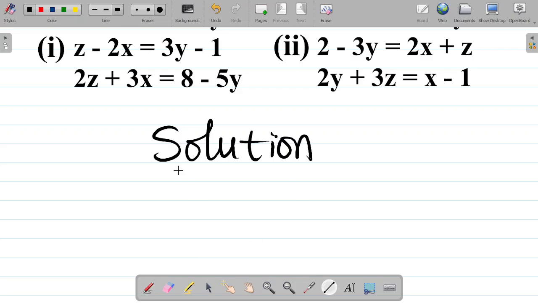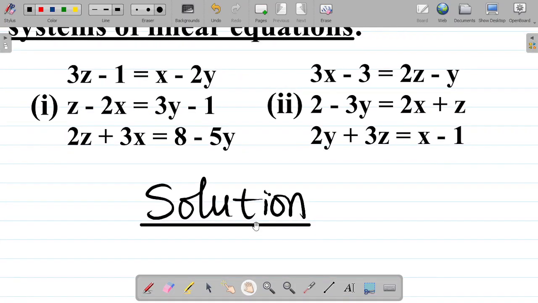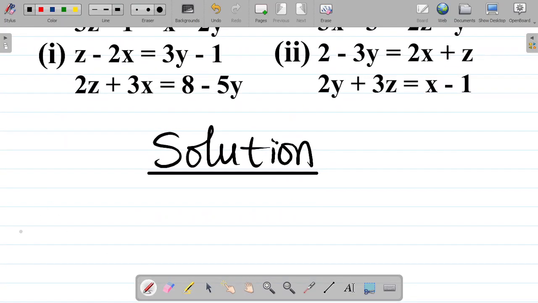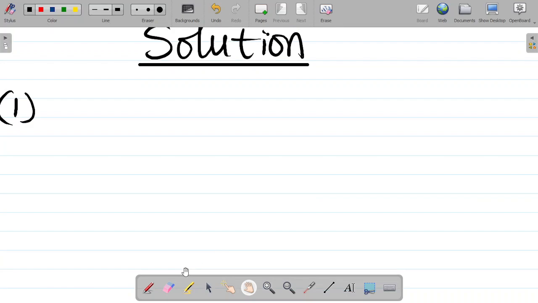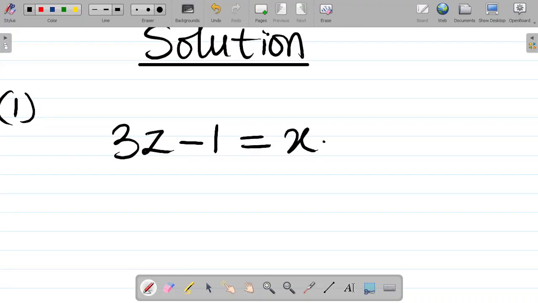Now solution here, first things first, our task would be to write out the given question. So for question 1, let's write out the given question. What I'm given here is 3z minus 1 is equal to x minus 2y.